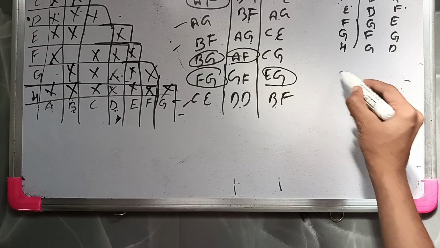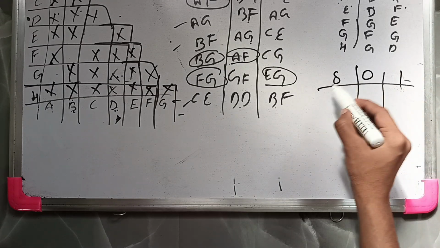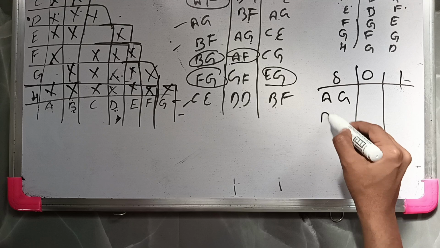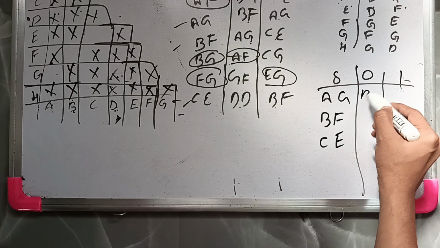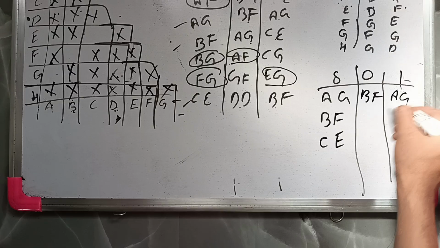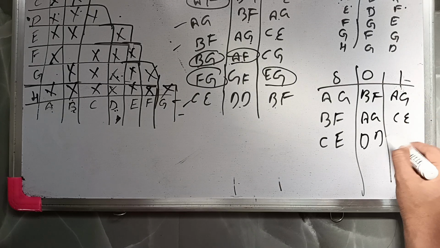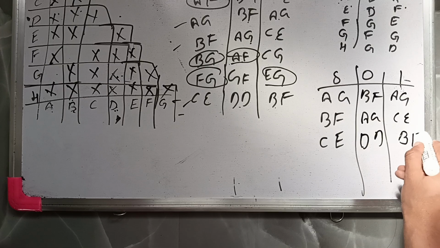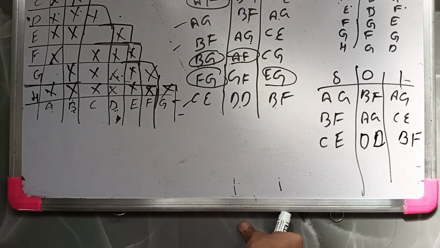I will write here 0, 1 and remaining is here AG, BF and CE, and for CE it is DD and BF, okay. Check again if there is any marking.